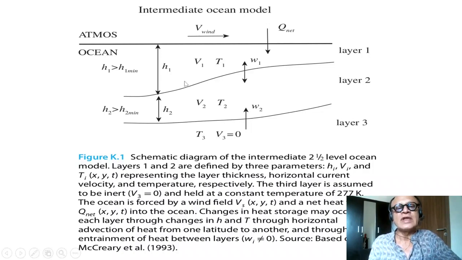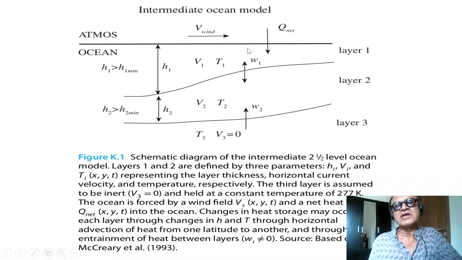Here it's split into two layers, H1 and H2, so some specific simplifications are needed to create these cross-interface fluxes and heat balance, momentum balance, and of course the equation of state and so on.